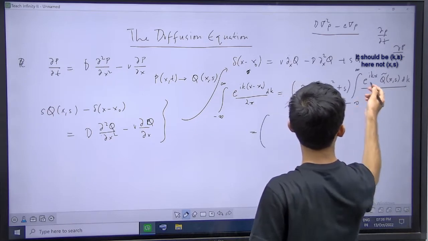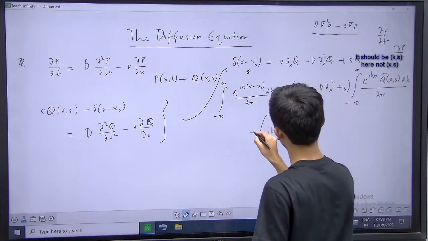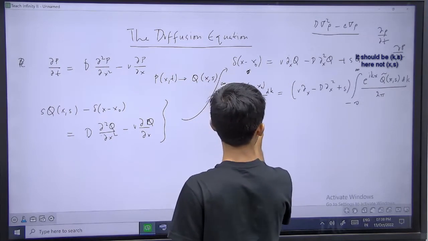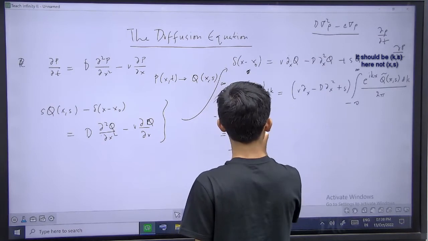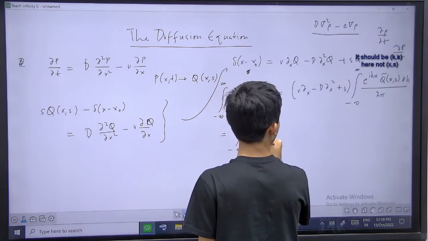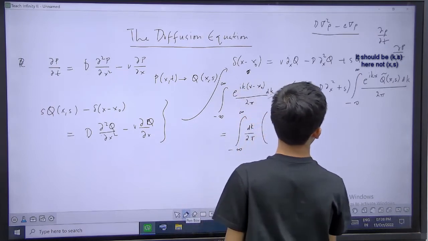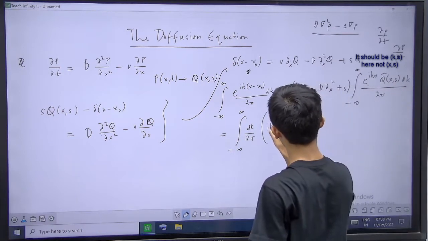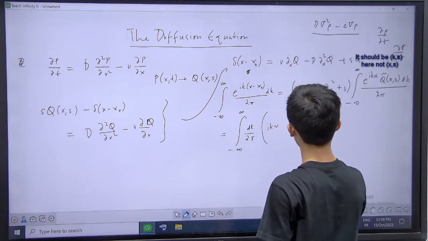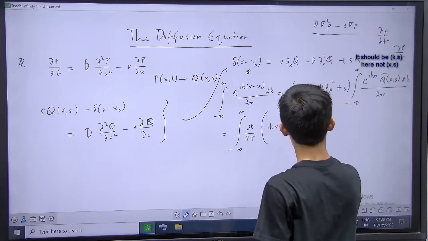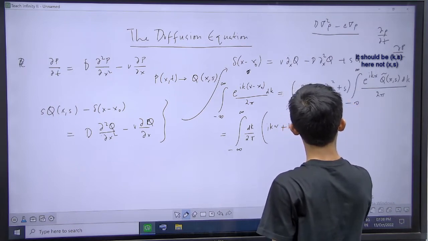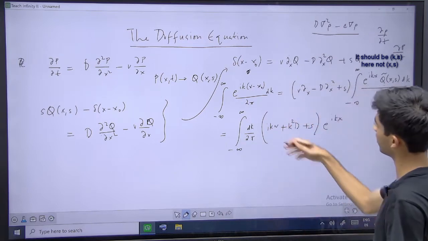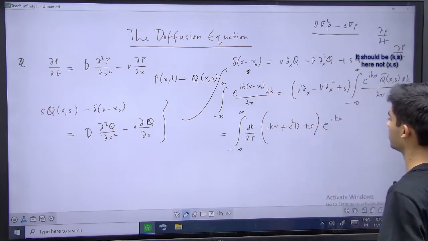So that will give me i k v plus k squared D plus s, which doesn't do anything, e raised to i k. Correct? And now I can simply compare the integrand.